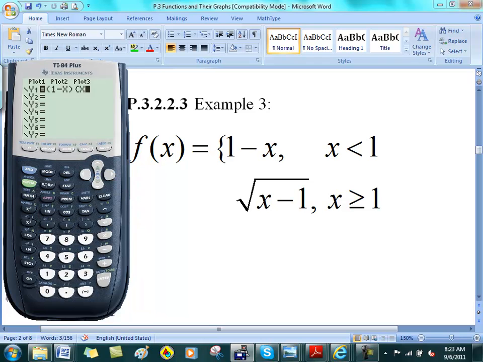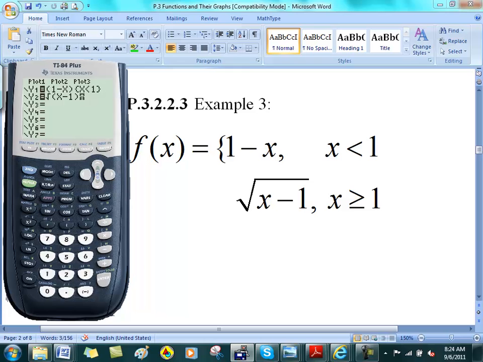Then you're going to go to second math and use number 5, which is the less than sign. Less than 1. Close your curly braces. Everybody get the curly braces there? And then you're going to go to the next one, and the next one is square root of x minus 1.